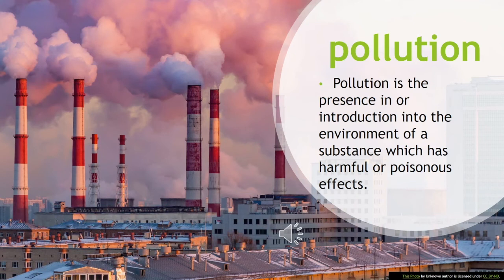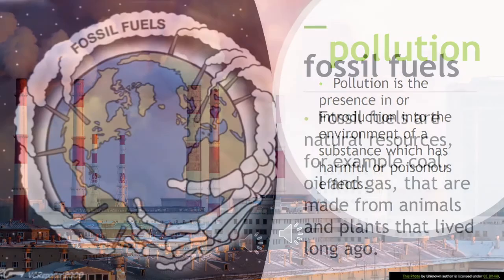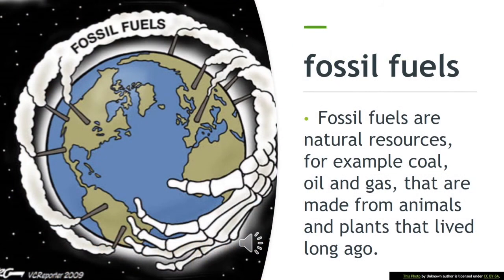Pollution. Pollution is the presence in or introduction into the environment of a substance which has harmful or poisonous effects. Fossil fuels. Fossil fuels are natural resources, for example, coal, oil, and gas that are made from animals and plants that lived long ago.